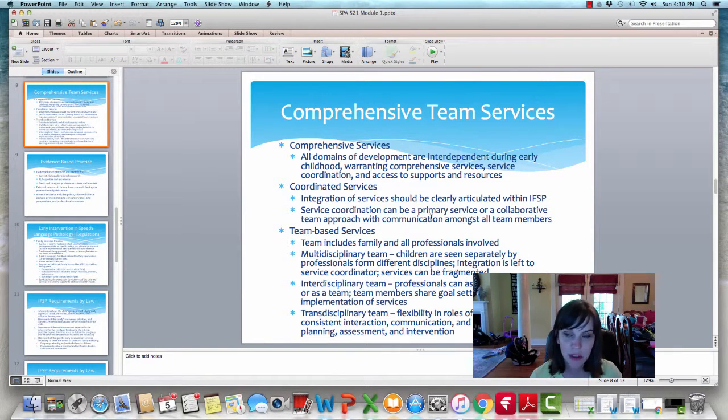ASHA has promotion of this approach across all environments. They're calling it IPP, interprofessional practice, and IPE, interprofessional education. So if you just Google interprofessional practice or interprofessional education on ASHA's website, you can get a lot of information.